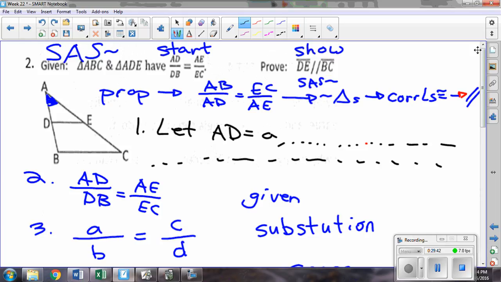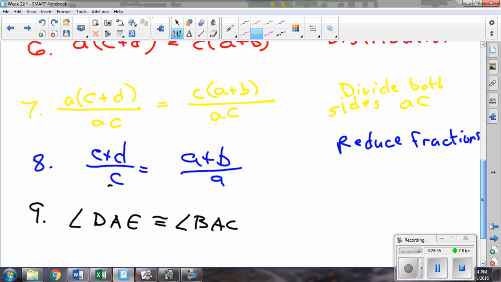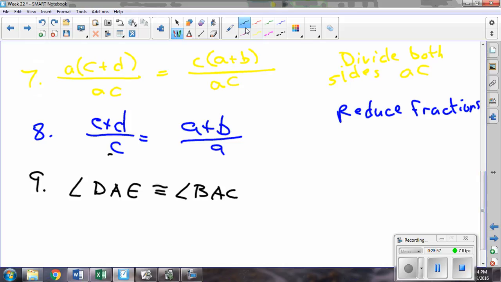And once again, I'm looking at this angle up the top, DAE with BAC, and that's because it's a shared angle. Remember, the more formal name for that is the reflexive property of congruence. But we're being informal with this description.